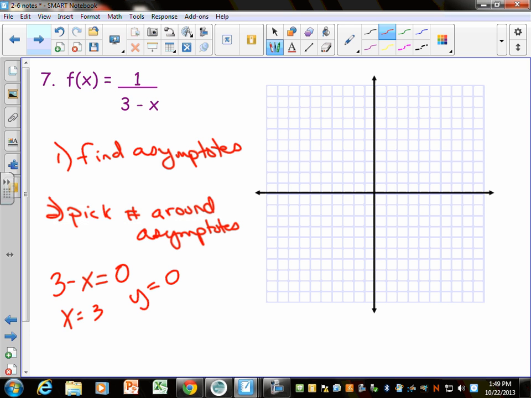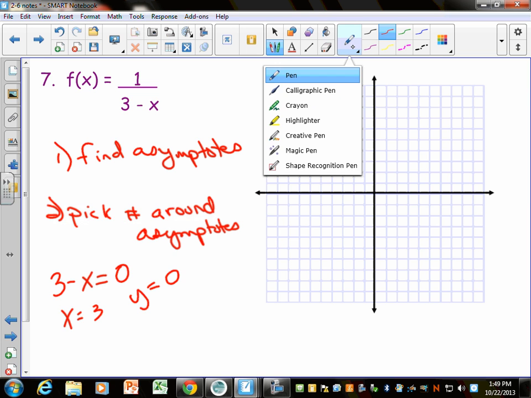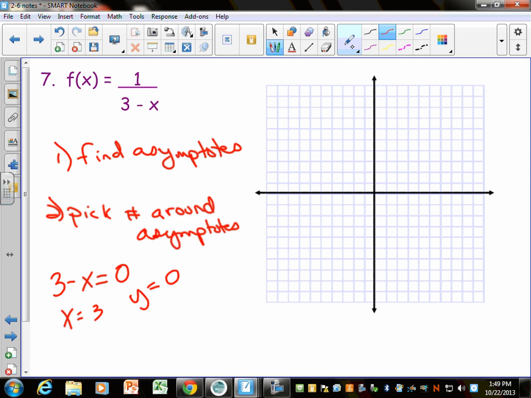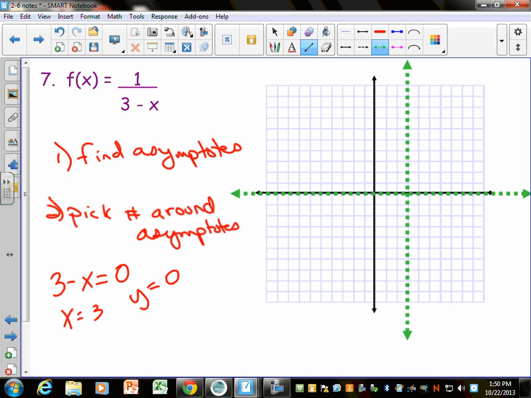So I'm going to make this with dotted lines. I'm going to be fancy here. And say y equals 0 is an asymptote, and x equals 3 is an asymptote. What do the asymptotes do?